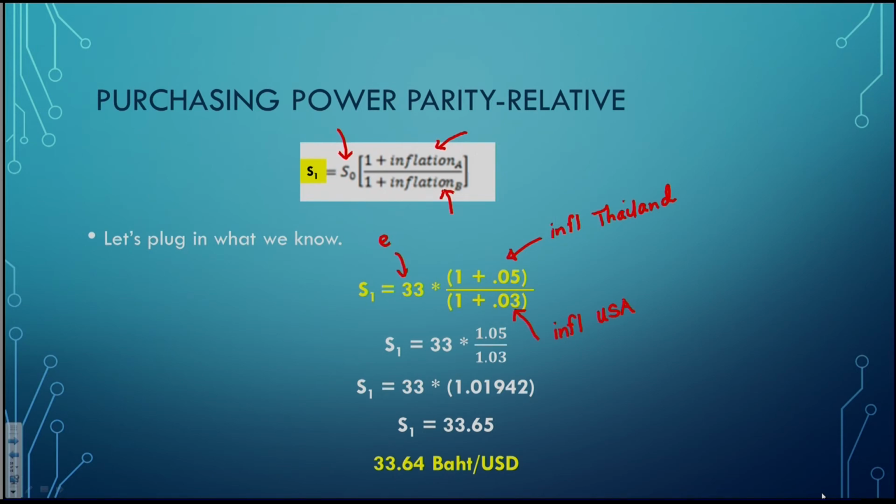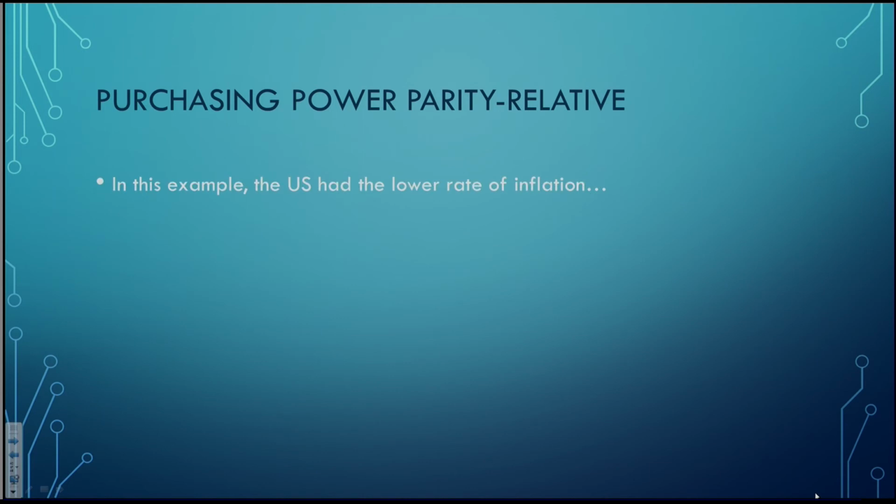And as you saw, it was a function of the inflation rates for the two countries. So in this example, the United States had the lower rate of inflation, right?